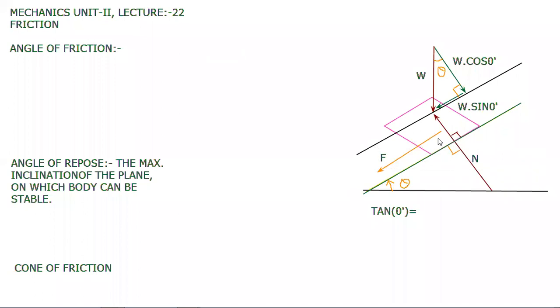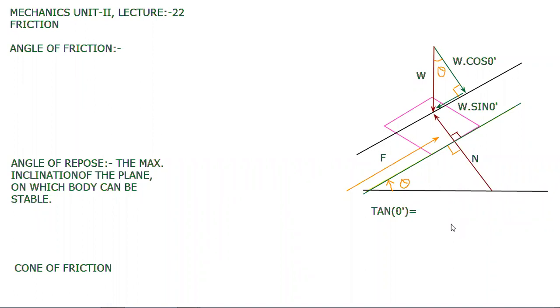One little correction: the direction of friction. Your friction will be in the upward direction, in this direction, because your body is moving downward. So the friction will move in the upward direction.